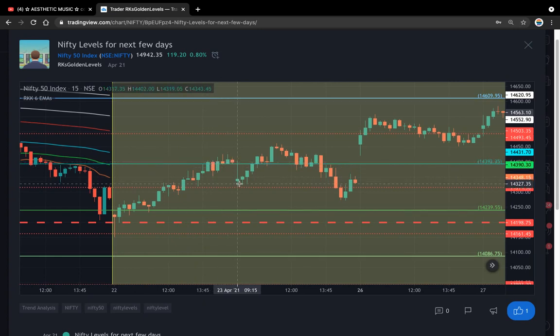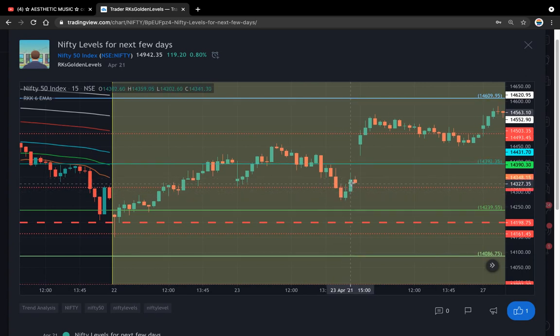Then again when it closed above but did not manage to go 50% of these two levels, it started reversing back, and when it closed below, we should start selling it, and we got first target and 1.5th target, 50% of these two levels.